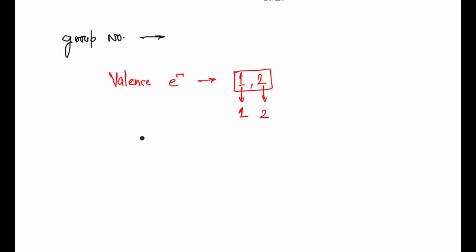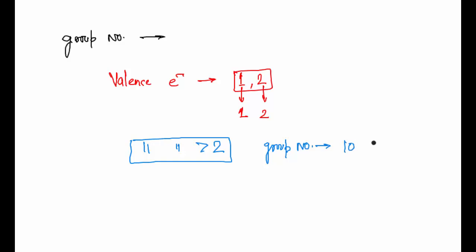But if valence electron is greater than 2, then to find the group number you have to add 10 to the number of valence electrons. It's very simple.